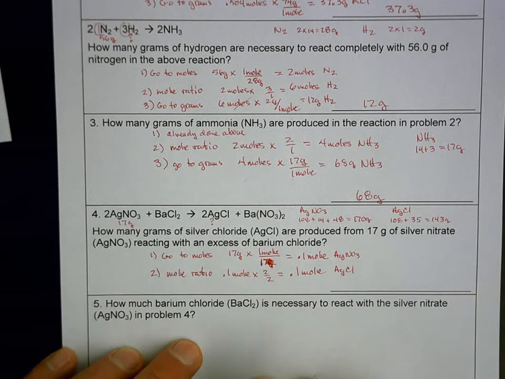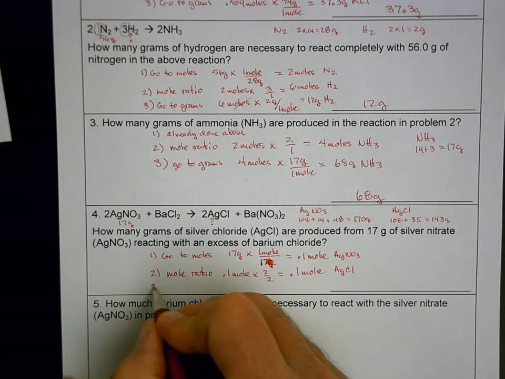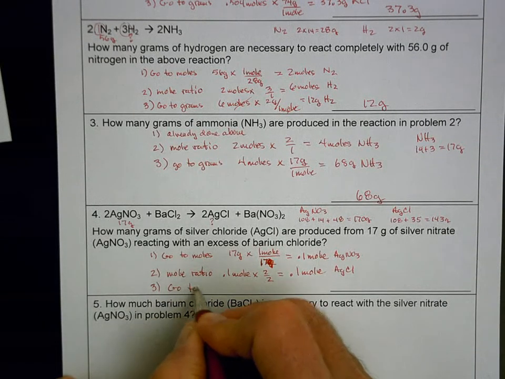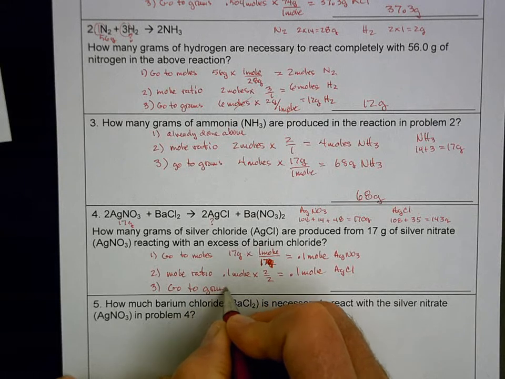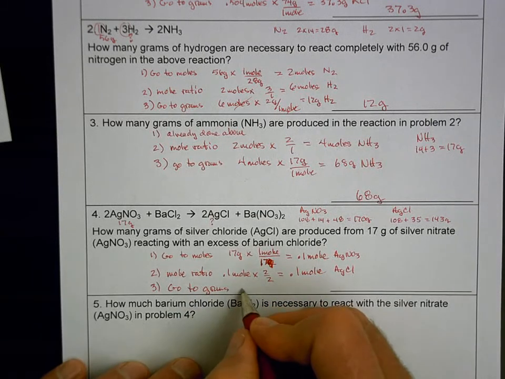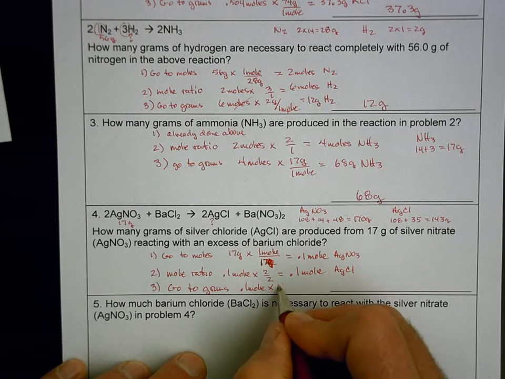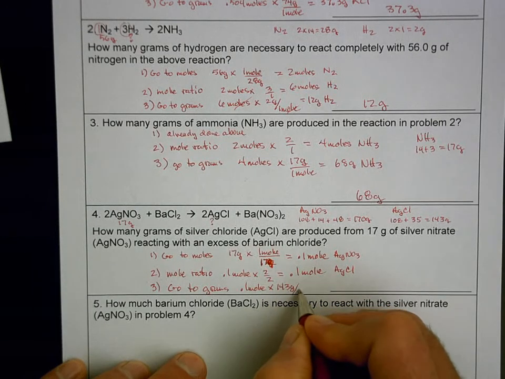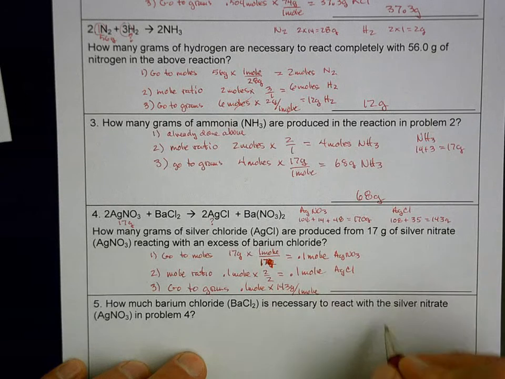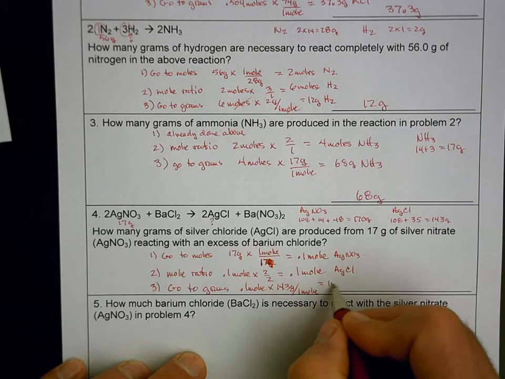That's what I want to find out about. And then step 3, go to grams. 0.1 mole times 143 grams per mole, 14.3 grams.